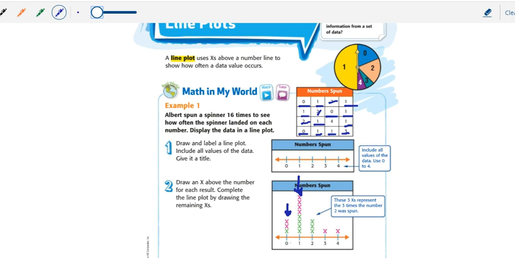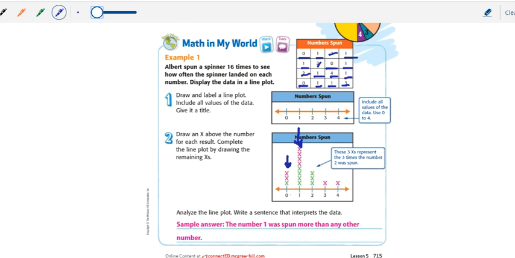Now, the number 4, let's see how many times did number 4 occur. Only 1 time, so you need to draw 1 x over the number 4. Remember that the x's represent the times that the number was spun, okay? Next page.